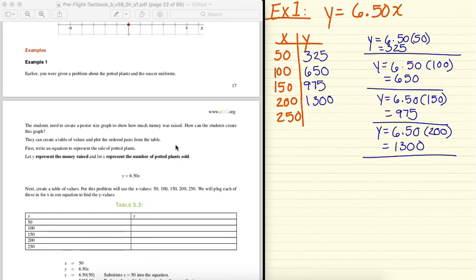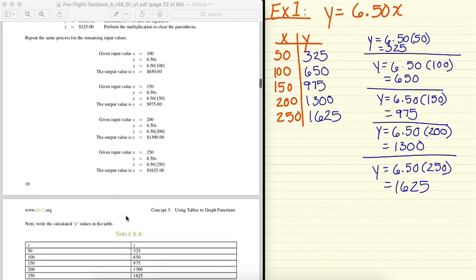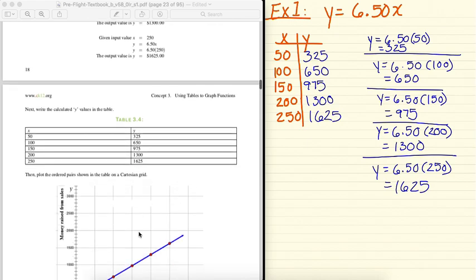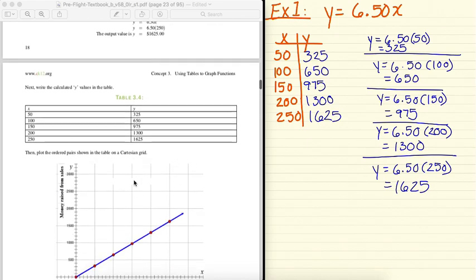Then we're going to plug in 250, which is 1,625. All right. So from there, and you can see the rest, and what do you know? Our numbers match up, which is good.